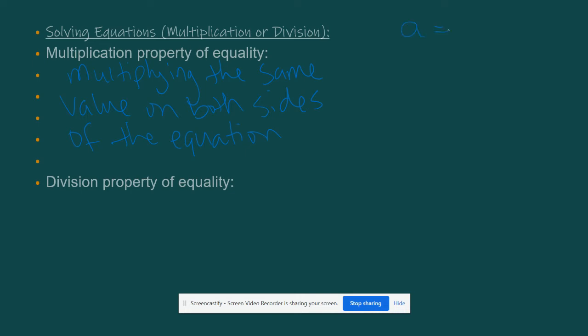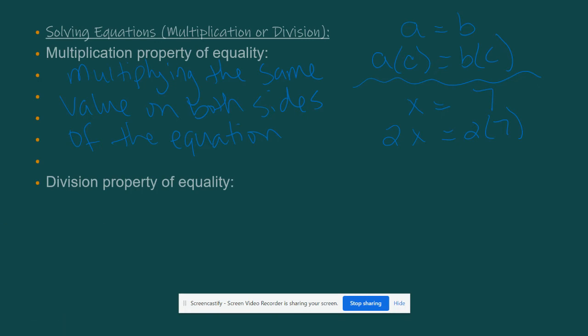Meaning, again, we're going to show the algebra way, where if we multiply a times c and b times c, they should equal the same thing. So if we have x is equal to 7, then if we did 2 times x and 2 times 7, they should equal the same value.